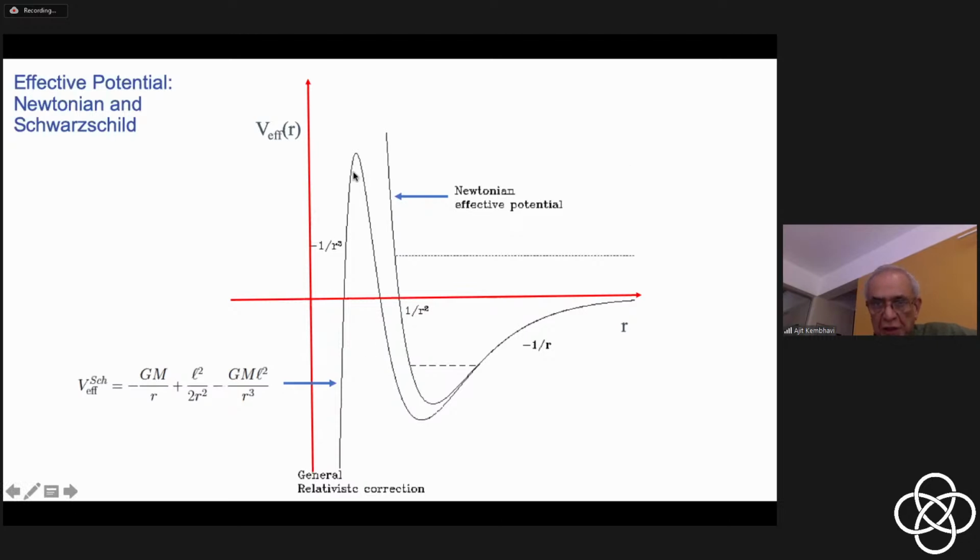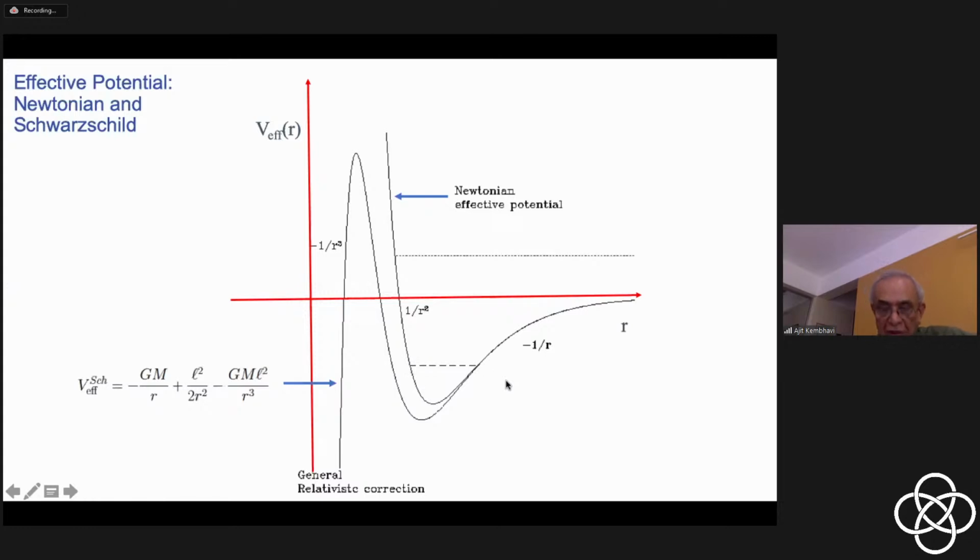Not so in the general relativistic case. Here you may have some angular momentum, but with more and more energy, you could cross the barrier and crash into the black hole. Just like the closed orbits in the Newtonian case, you also have closed orbits in the general relativistic potential.